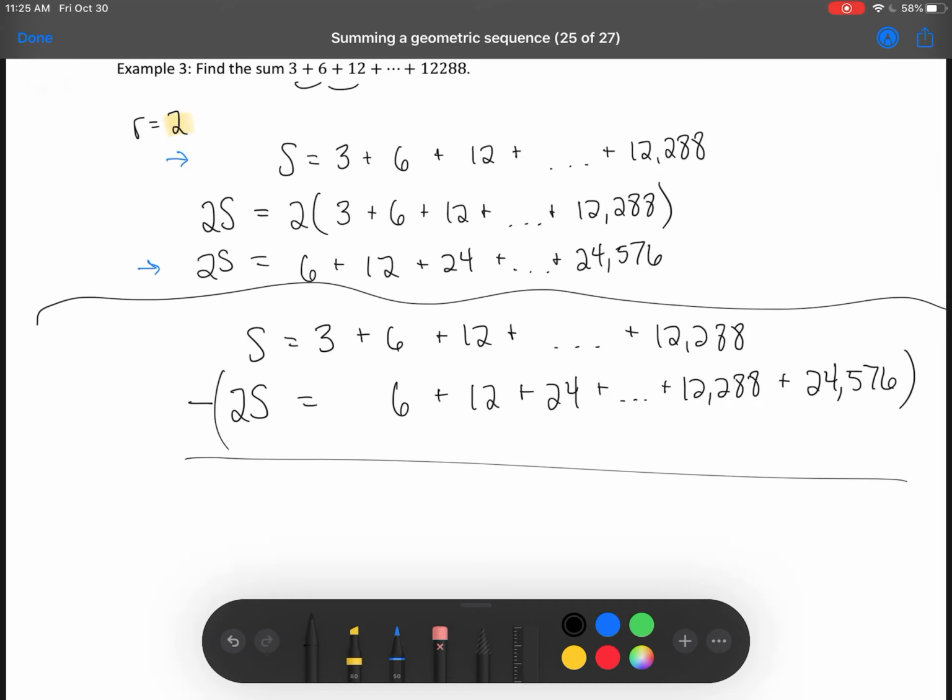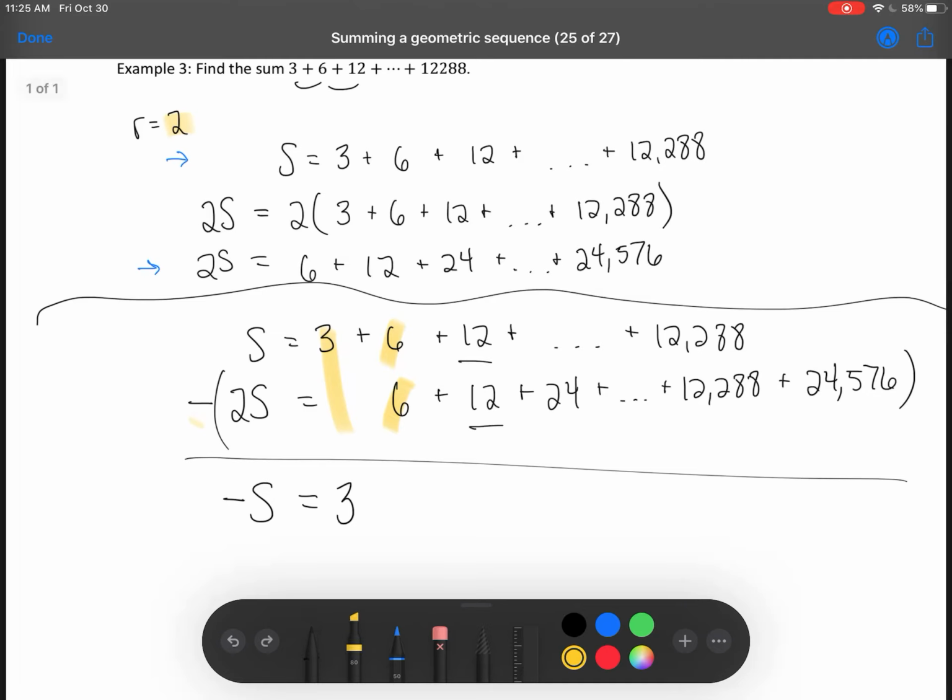All right, so now on the left-hand side, if we have s minus 2s, that's going to give us negative s, so make sure you believe that. And again, I have these parentheses so I remember that I'm subtracting. Going vertically like we did before, 3 minus nothing would be 3, so that's left there. And then 6 minus 6 is 0, so those essentially go away.